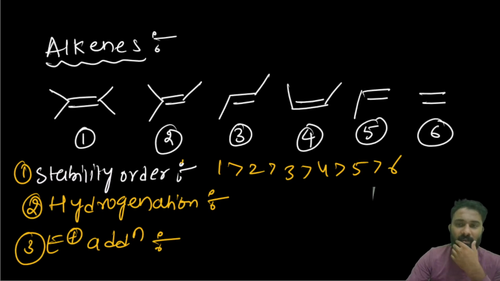Electrophilic addition reaction: which among these 5 or 6 alkenes? For which one is the order 6, 5, 4, 3, 2, 1? Is that for the hydrogenation reaction or for the electrophilic addition reaction?